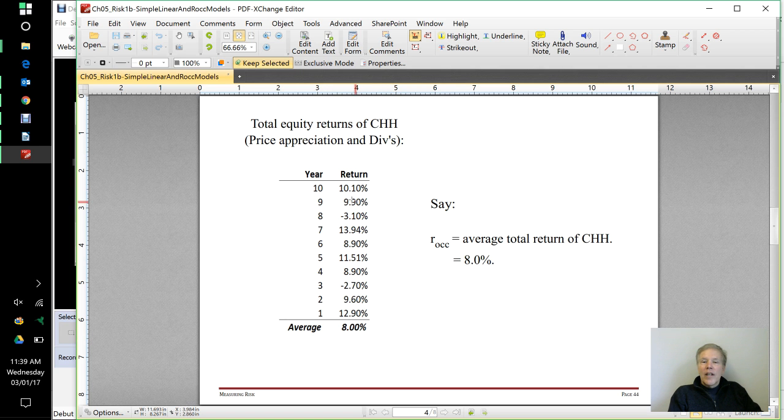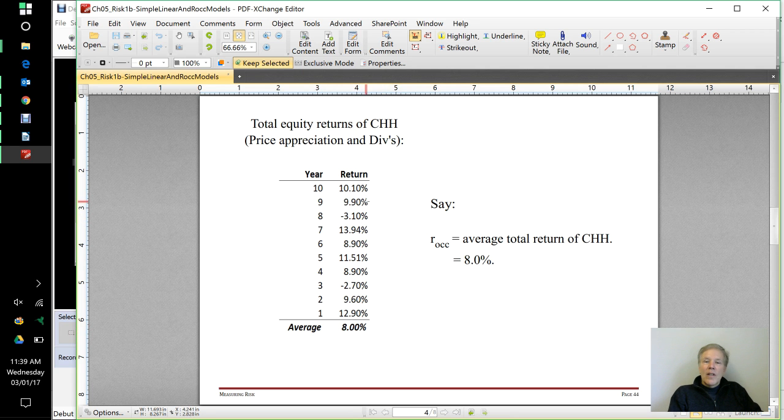So I've got year 10, they returned 10.10%, pretty awesome, right? Year 9, 9.9%. Year 8, minus 3.1%, and et cetera, et cetera. The average is about 8% for the past 10 years.